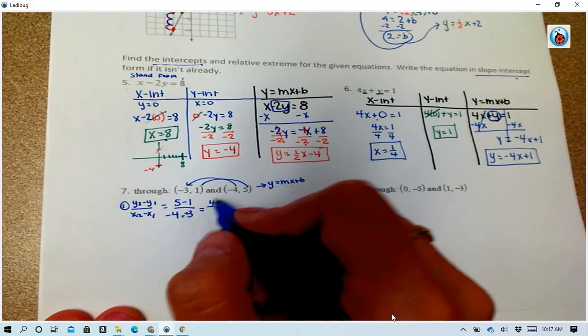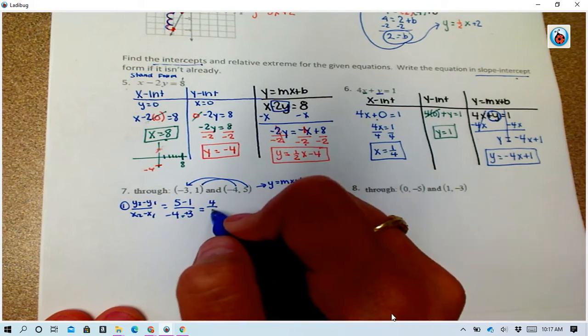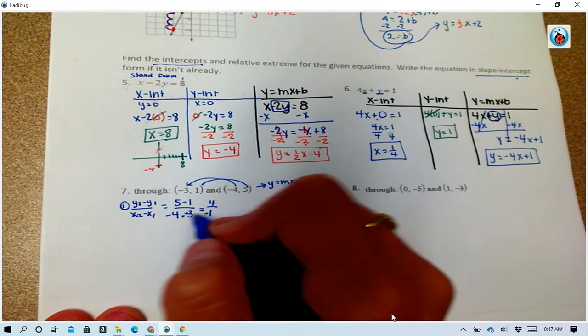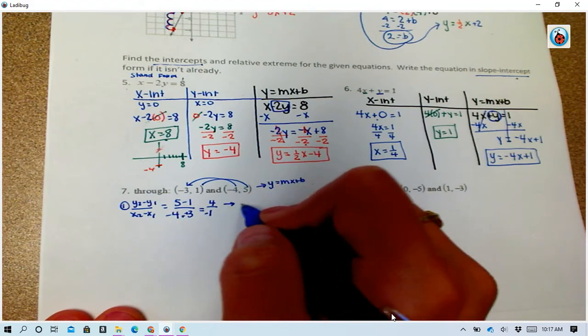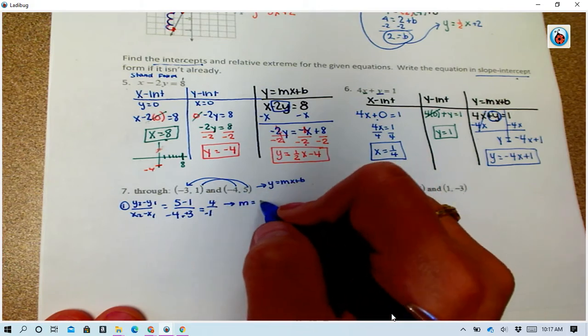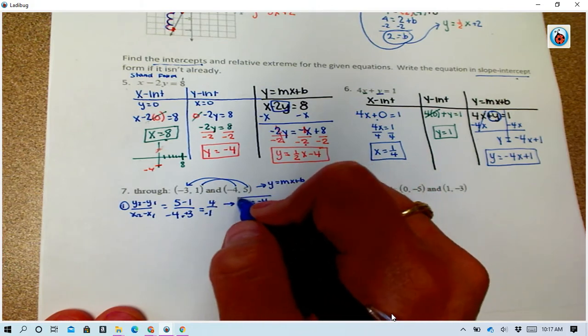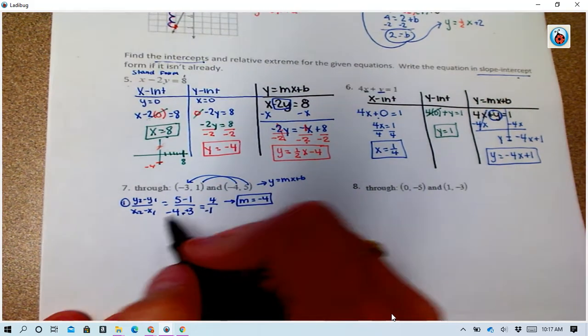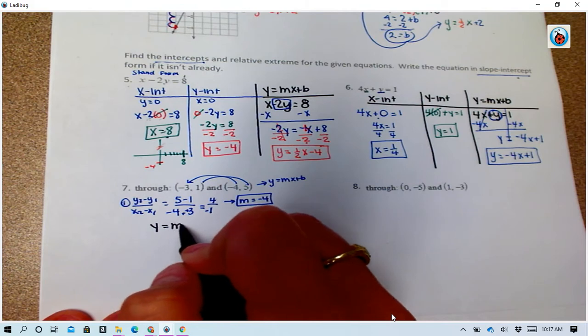So it's really negative 4 plus 3, which is... no, negative 1, sorry. Negative 4 plus 3 is negative 1. So 4 divided by negative 1 is a negative 4. So we're going to use a slope of negative 4 when we plug into y equals mx plus b.